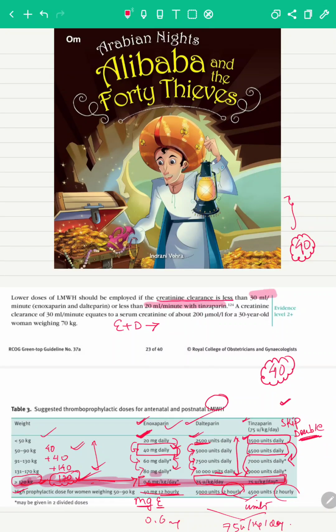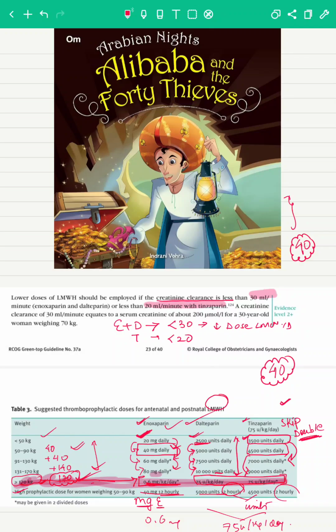If the creatinine clearance is less than 30, we will have to decrease the dose of low molecular weight heparin, enoxaparin and of course dalteparin. And for tinzaparin it's 20. So for tinzaparin, doses are adjusted if the creatinine clearance is less than 20 ml per minute, and for enoxaparin and dalteparin it is 30. ED 30, Tinza 20 is what we have to remember.